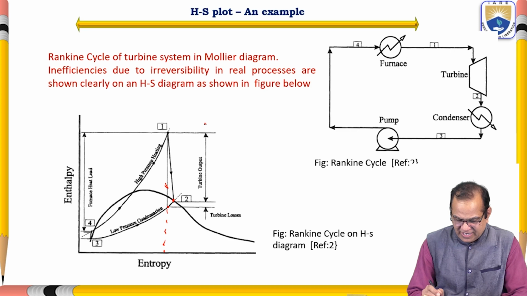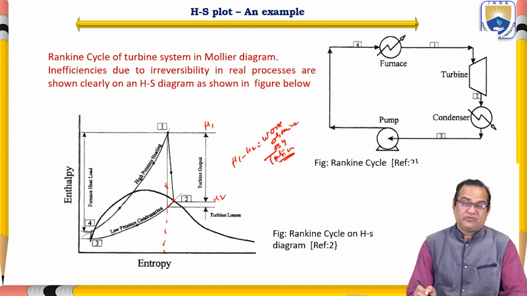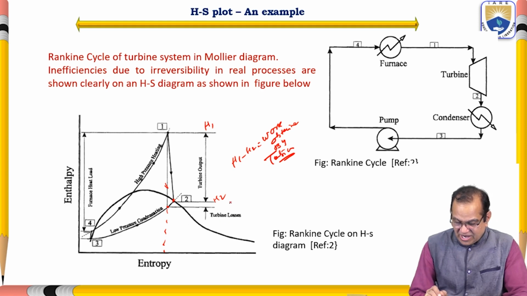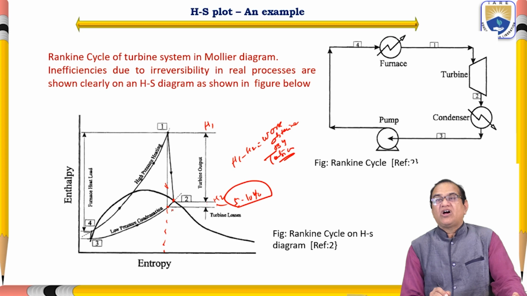If this is H1 and this is H2, then H1 minus H2 is the work obtained by the turbine. Directly you can find out. It is supposed to end here, but it is coming here. This much is the turbine loss. It may be 5 to 10% losses in the turbine because the entropy does not remain constant.